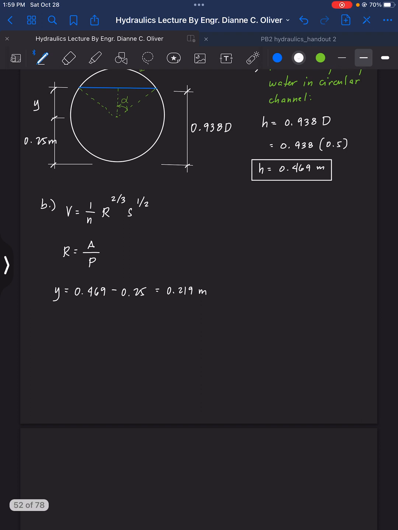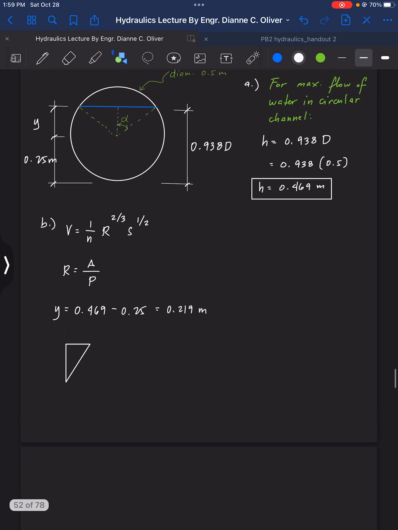So we got the triangle here, so we can get the value for the base already. Let's name this as x. This is x, this is the radius of 0.25, and this is the y.